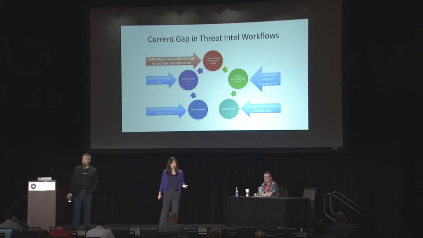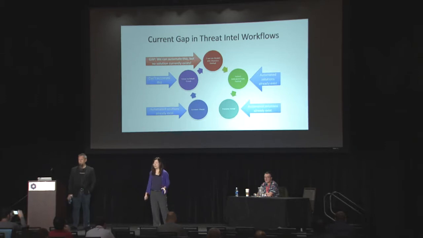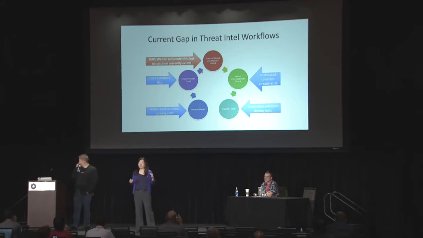Well, if you look at how well automated this entire workflow process is, you'll see that some of these pieces can be automated, and some of these pieces cannot be automated. So, for example, visualize or model the threat. That is extremely hard to automate.